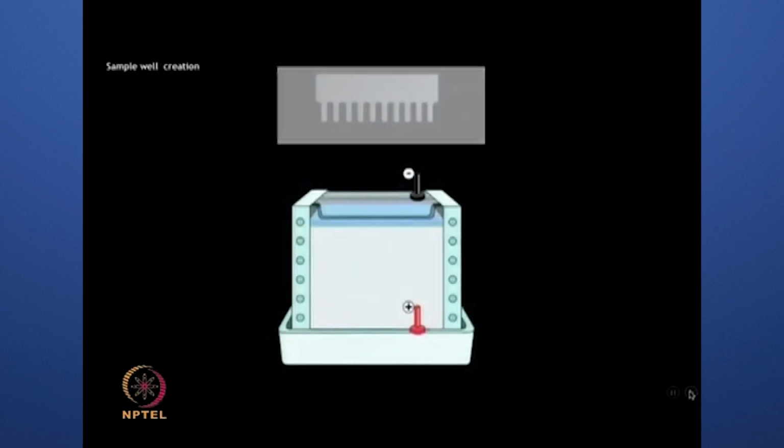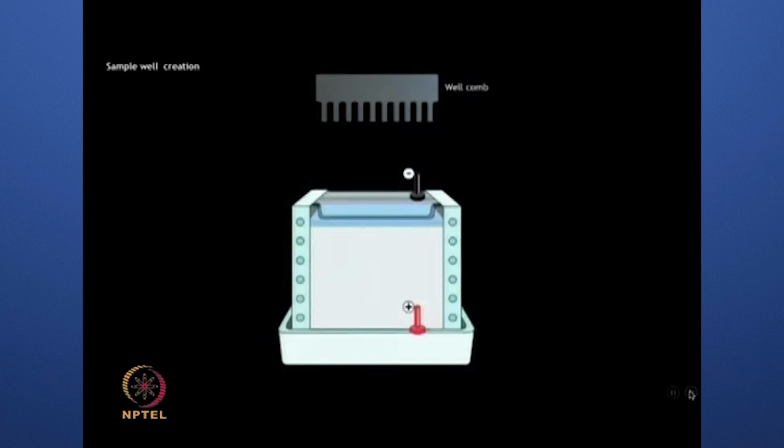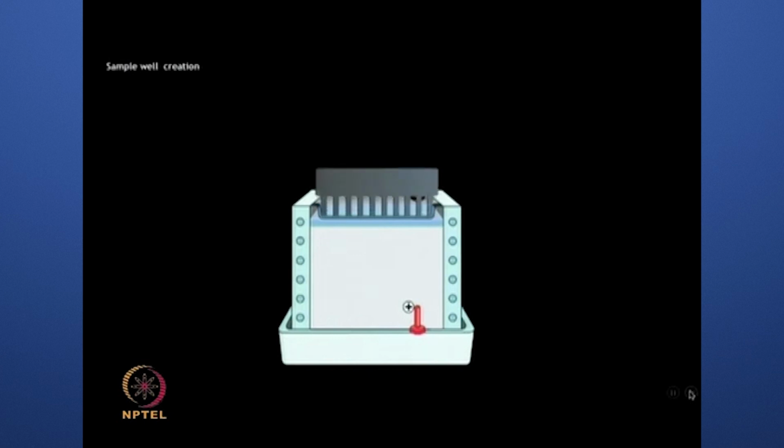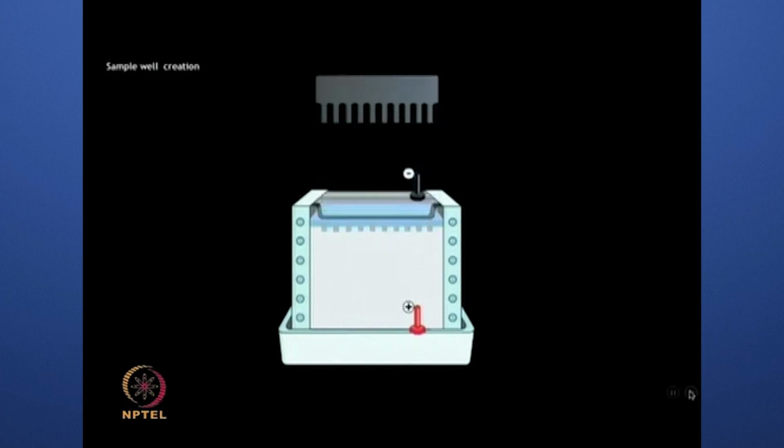The sample wells of uniform size, shape and separation are made using a comb which is placed in the gel as soon as it has been poured. After the gel has polymerized, the comb is removed, leaving the gel ready to start the process.